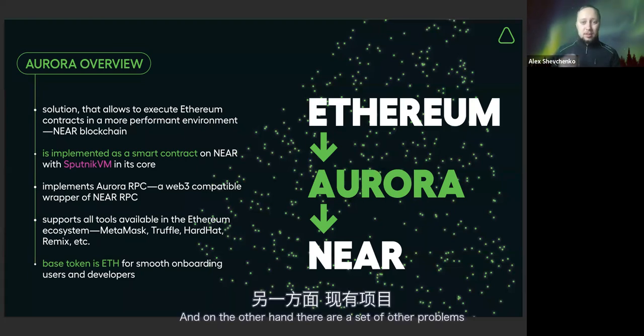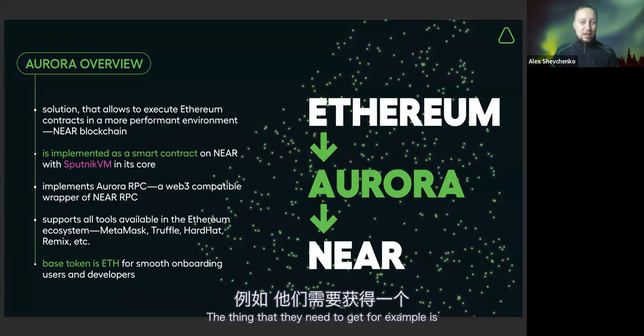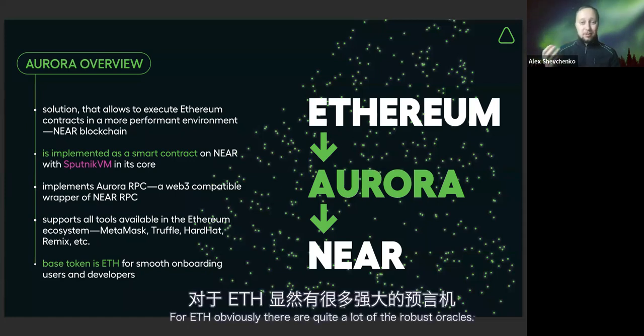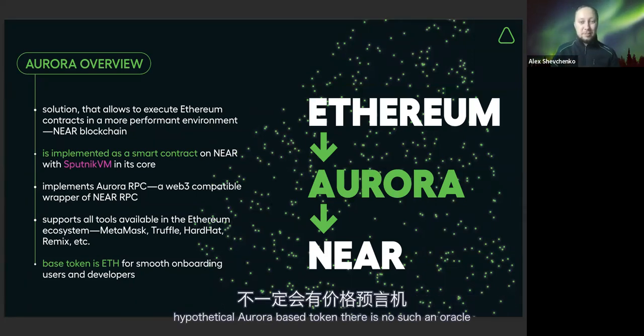On the other hand, there is a set of other problems where existing projects would like to integrate with another network. The thing that they need to get, for example, is a robust oracle that displays the token price. For Ether, obviously, there are quite a lot of robust oracles, but for this particular token, like a hypothetical Aurora-based token, there is no such oracle.